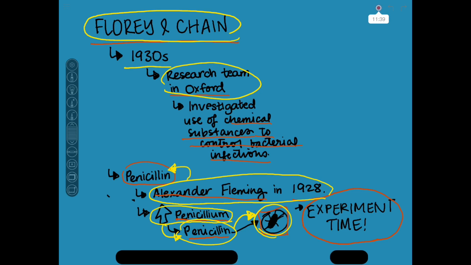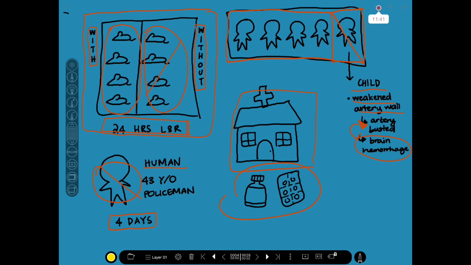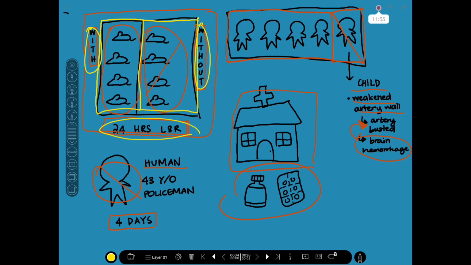Testing it on mice first, they split 8 mice into 2 groups. 4 of them were injected with penicillin, and 4 were not. 24 hours later, the ones injected with penicillin lived, while the others died.